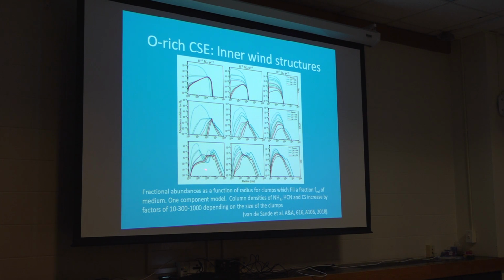So you can get quite large differences in fractional abundances of particular molecules in these inner envelopes. They don't always translate into large differences in column density, because sometimes these big changes happen at small distances where they don't add much to the volume. But you can find in some mass loss rates quite large differences in column densities of some molecules.